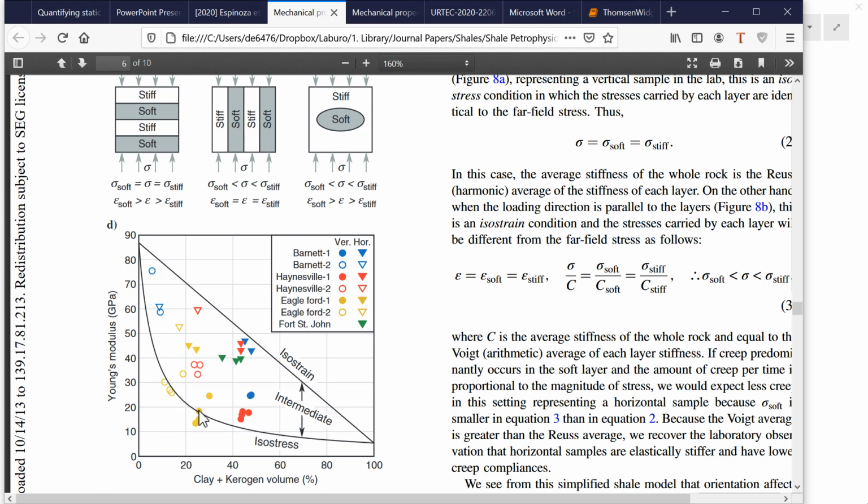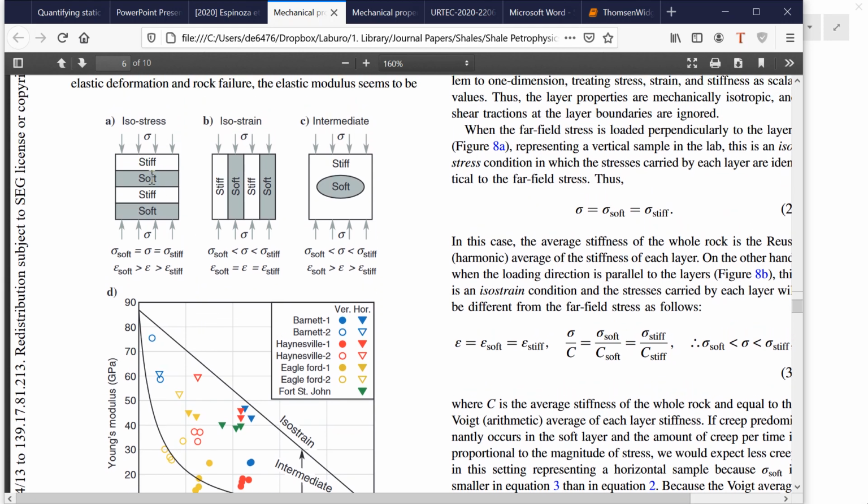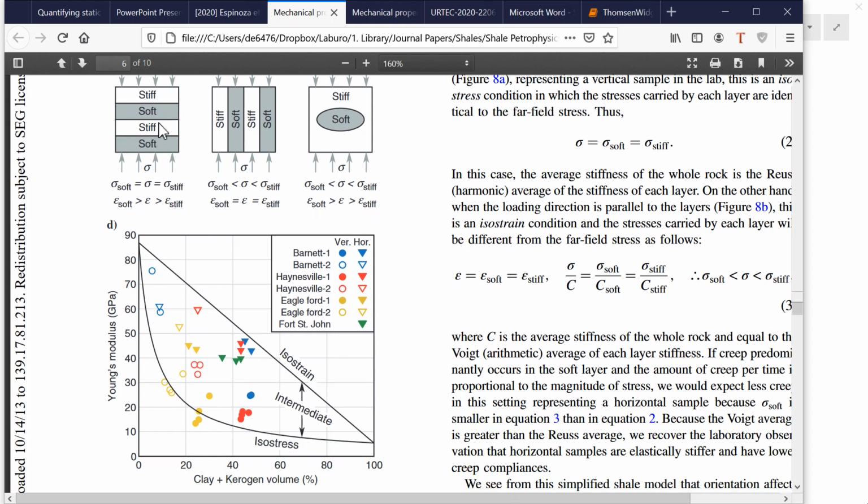What's the reason? That's because the soft layers are in series with the stiff layers. And if we have a given stress, since the stress is the same in all layers, what is going to deform the most is the soft part and not that much the stiff part. So most of the deformation is going to occur in the soft layers rather than the stiff layers.